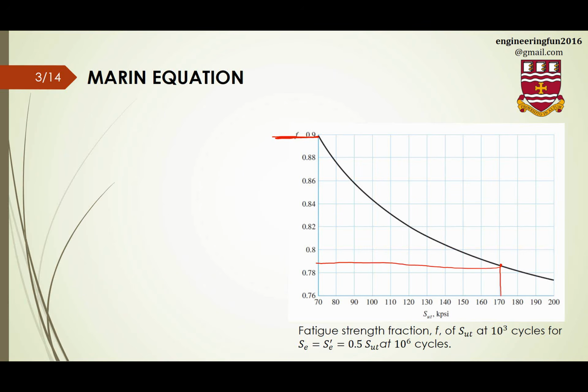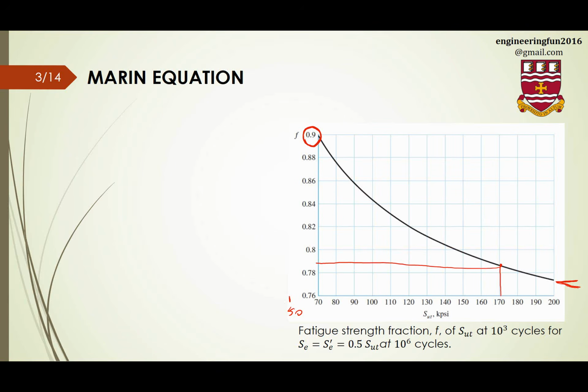So for example, if SUT is 50, I'm going to read this number as my F. And if SUT is more than 200, you can also make a straight line, or you can interpolate and continue this one. It's not that important. For example, if SUT is 240, you can use 77%, that's fine.